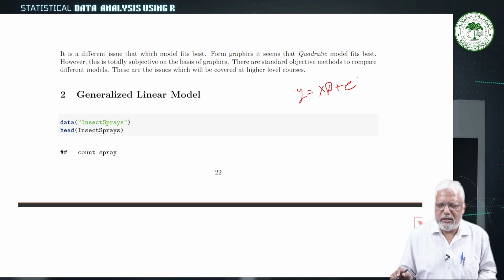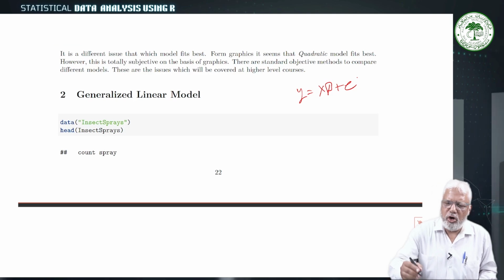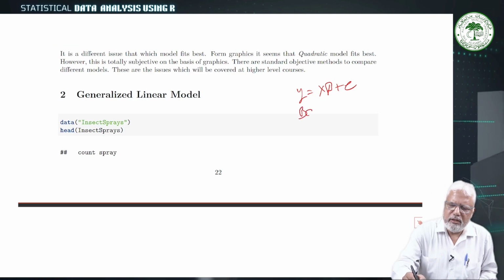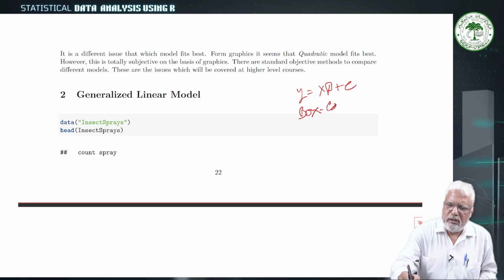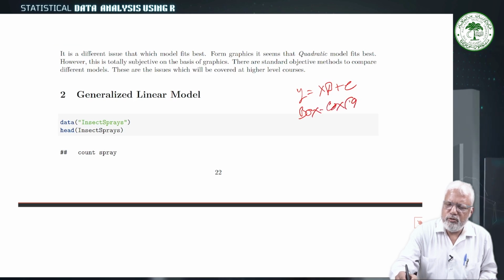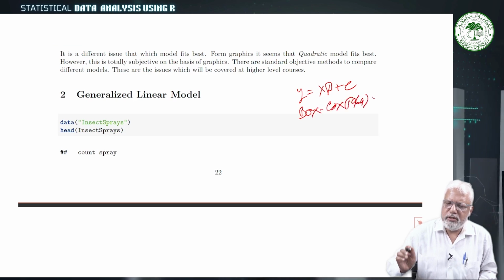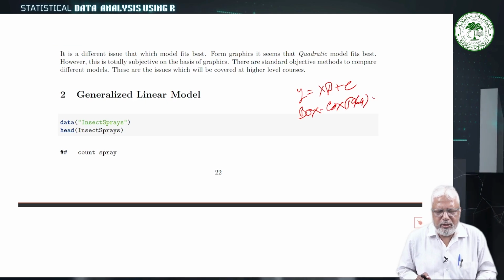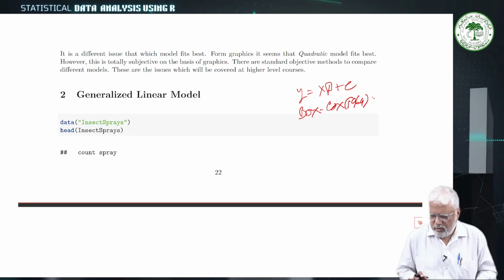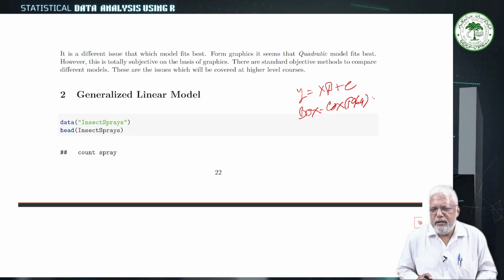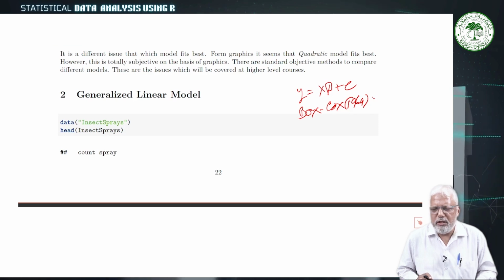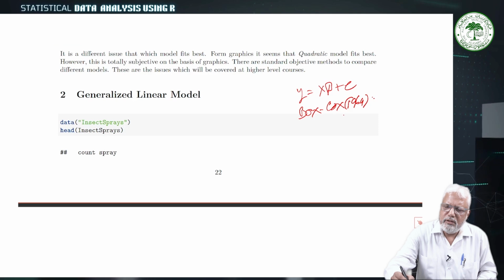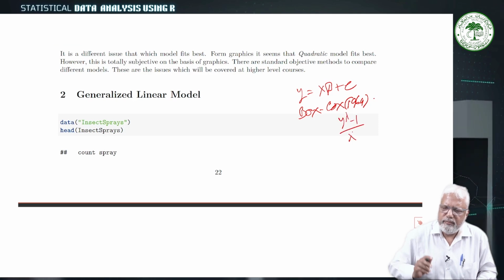So Box and Cox suggested in 1964 a transformation of the data, known as the Box-Cox transformation, and that is a very famous paper. They suggested a power transformation, y raised to the power lambda minus 1, divided by lambda.